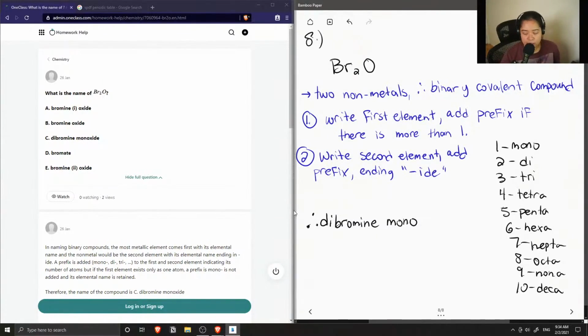And then since we have oxygen, we don't have to say monooxide. It'll just have the same O. So we just say monox, and then the ide is the next vowel that comes after the first one. So it's just going to be monoxide. So dibromine monoxide.